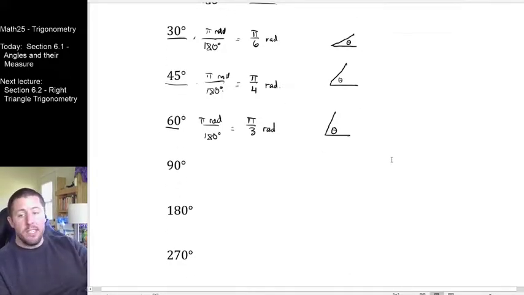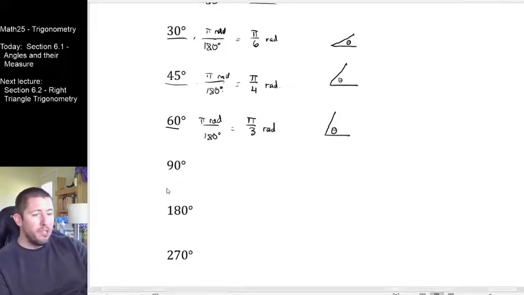Next up, 90 degrees. One of our most important angles of measure. We know that 90 degrees is a right angle. Another thing I like to think is 90 degrees is 1/4 of a full revolution. If 2 pi radians is a full revolution, 1/4 of 2 pi is pi halves, right? 1/2 is 1/4 of 2.